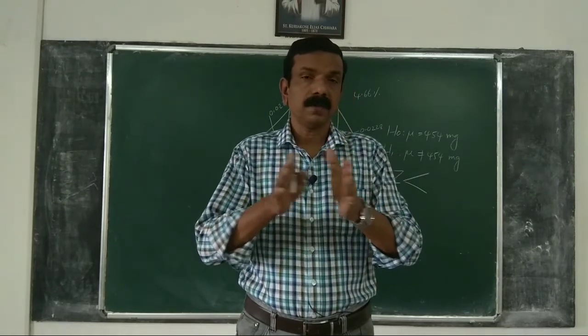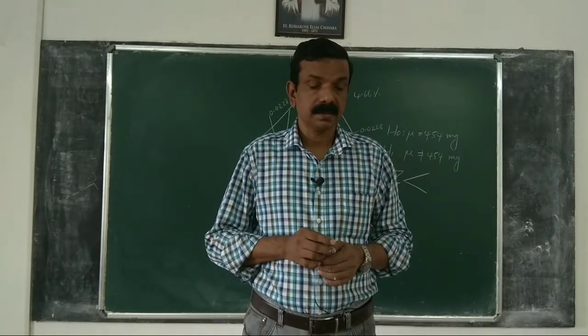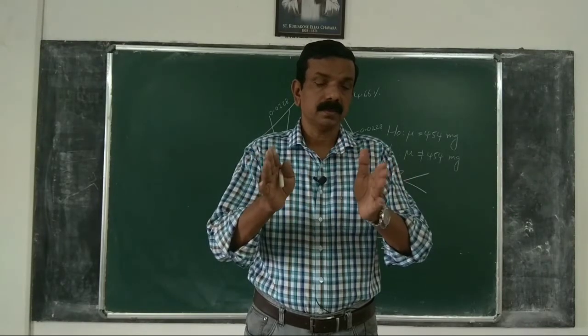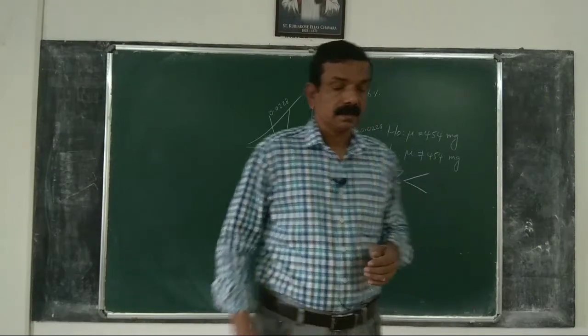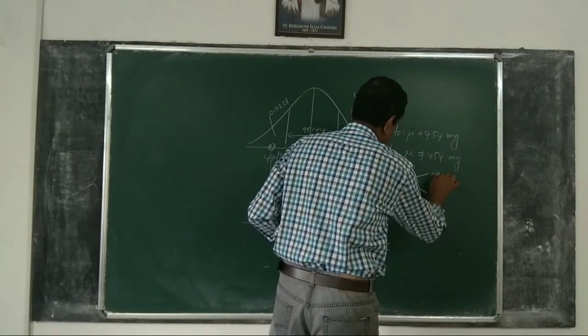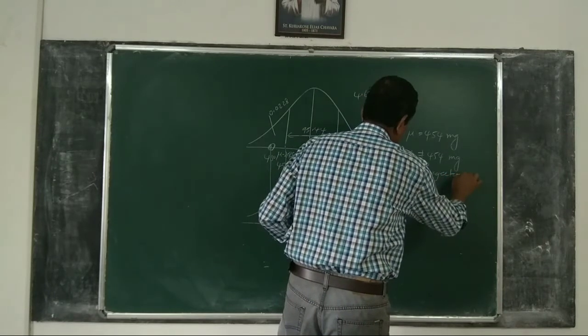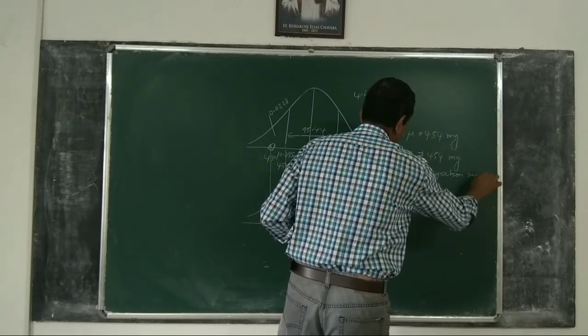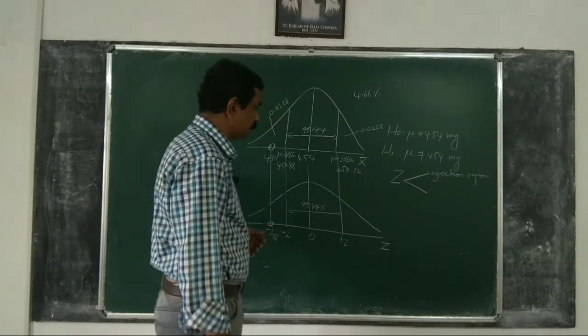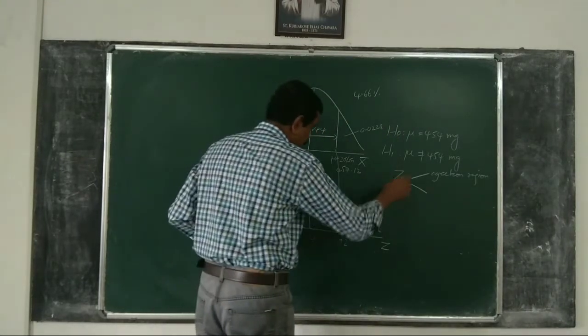The set of values of the test statistic that leads us to reject H0 is the rejection region.